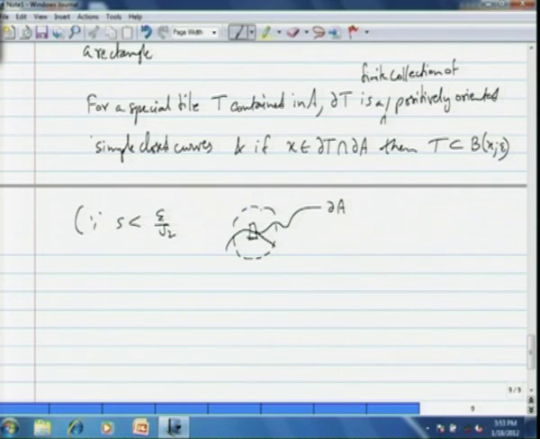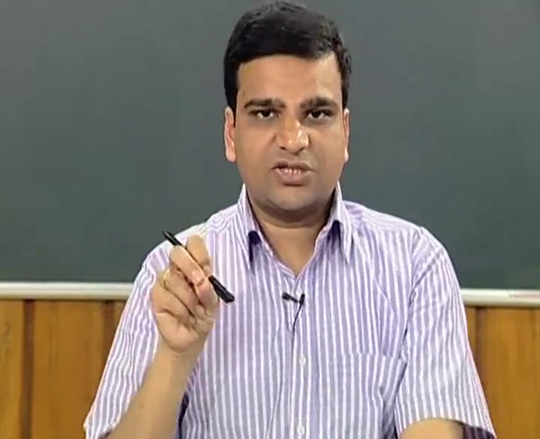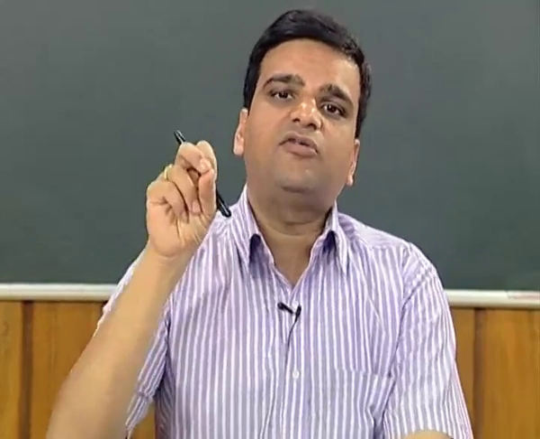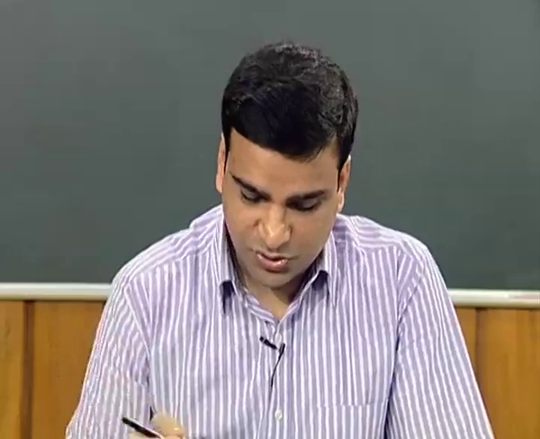Any 2 points contained in the square T are at most square root 2 S apart. So, they are at most epsilon apart.